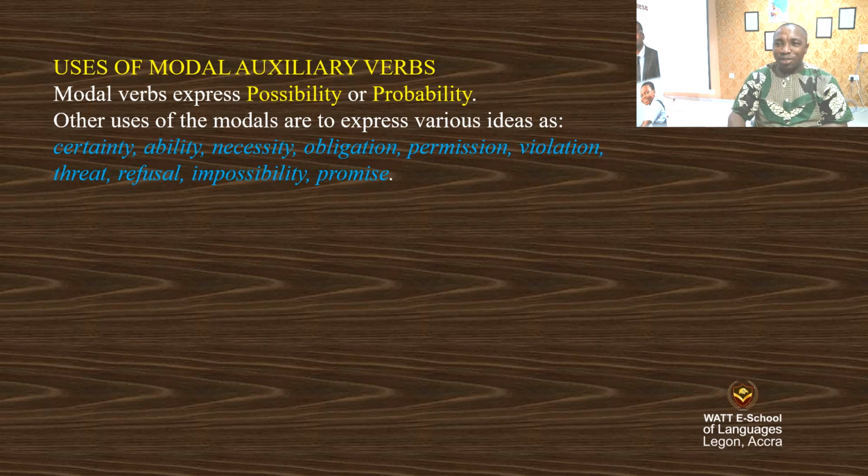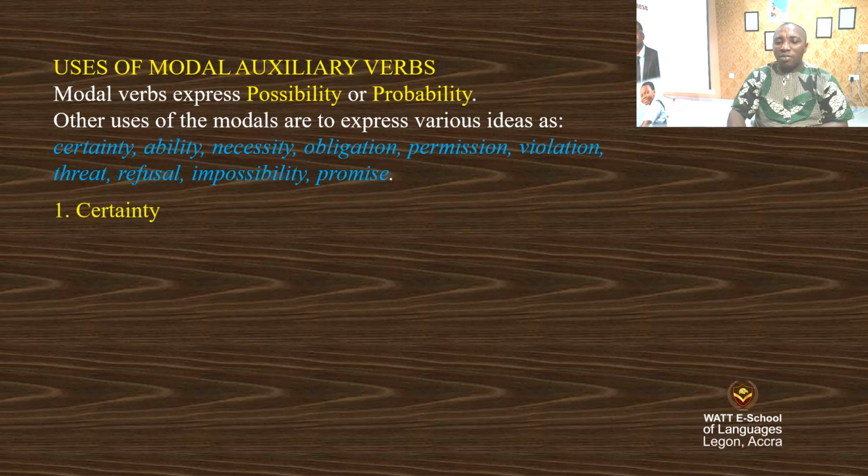These are other functions of modal verbs. But we said their first functions are either probability or possibility, but they have other functions that you just mentioned. Now let's see them one after the other.